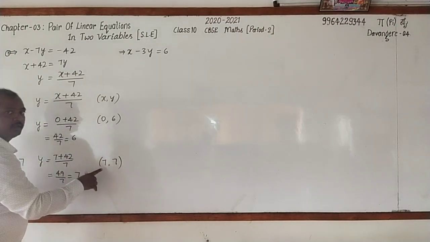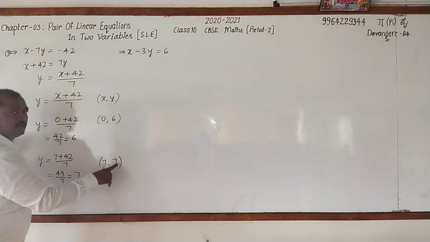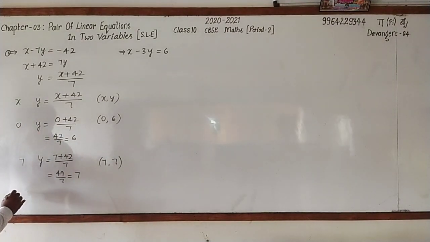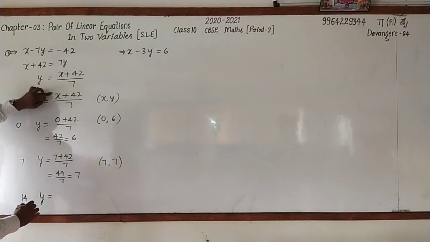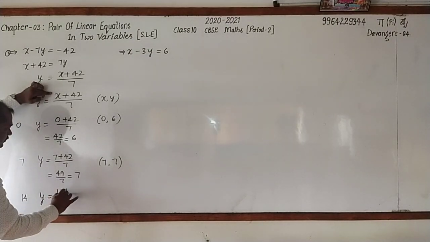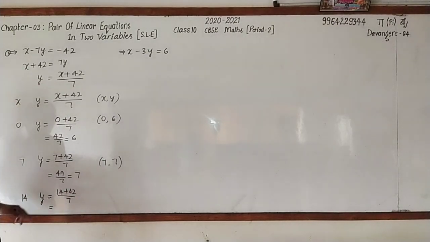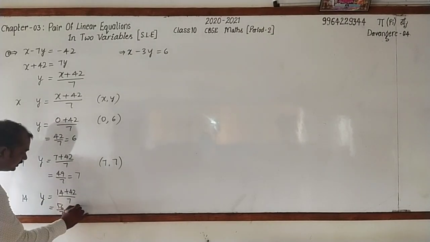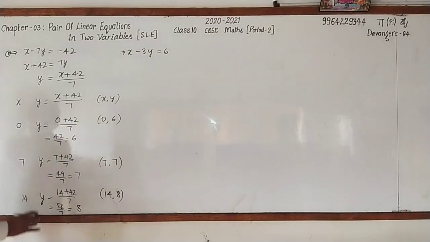Again, I am reminding you that it doesn't mean when the father's age is 7, the daughter's age is 7. Don't think so. Next, I will go for taking 14. Y is equal to, observe, (14 plus 42) by 7. It is 56 by 7, which is 8. When x is 14, y is 8.